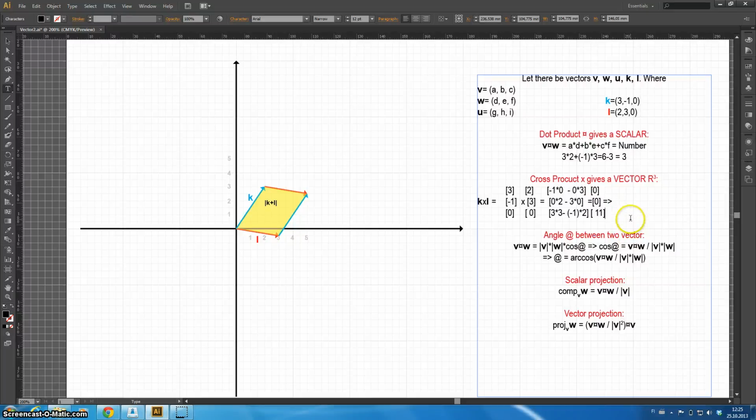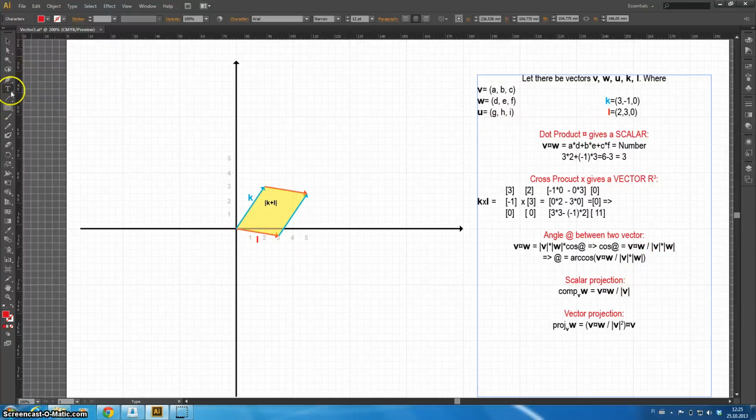So there is our cross product vector of this L and K, and the length is, I assume, 11, but you can calculate that.